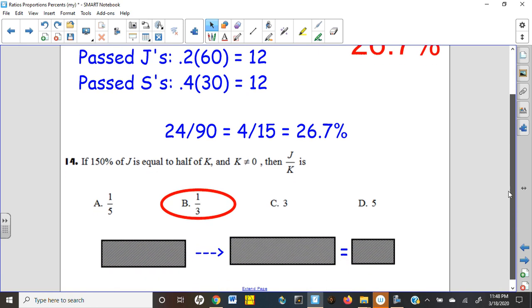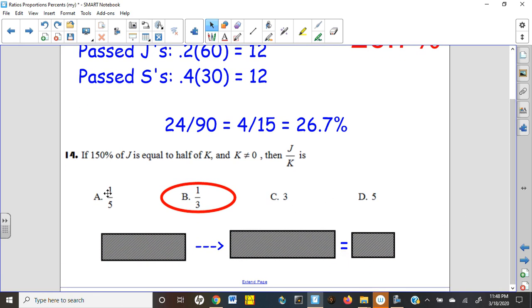Number 14. If 150% of J is equal to half of K, so 1.5J equals 0.5K, then what is J over K? This is similar to one of the earlier problems we did where we had to create a J divided by K relationship.